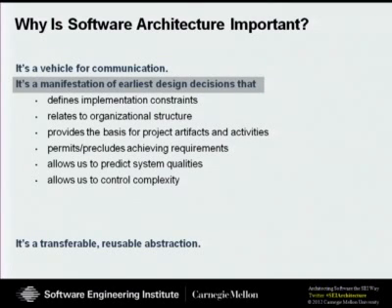Architecture allows us to control complexity. Software systems have always been very complex, and as the days go on, they become even more and more complex. There's no shortage of complexity in our software, and one of the things that architecture allows us to do is to control that complexity.